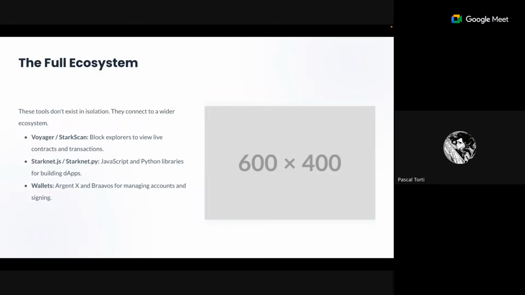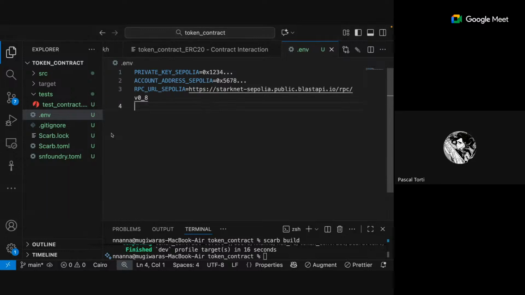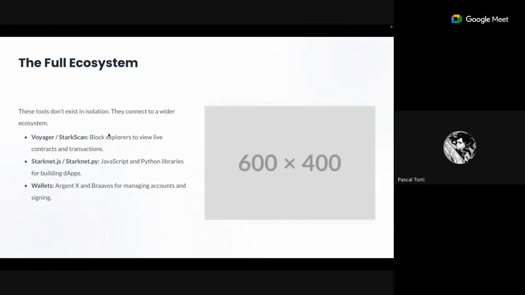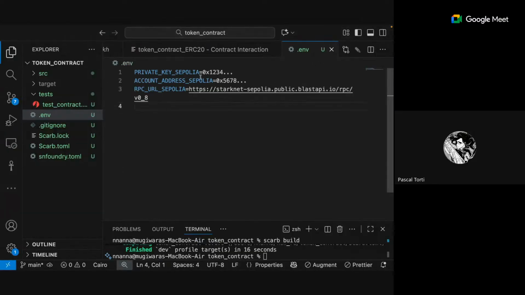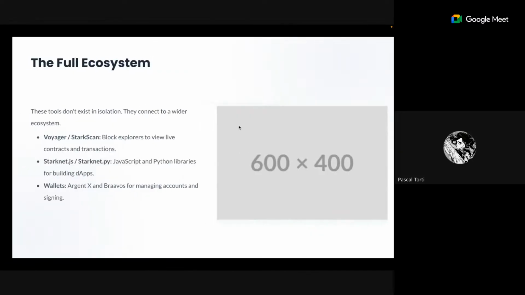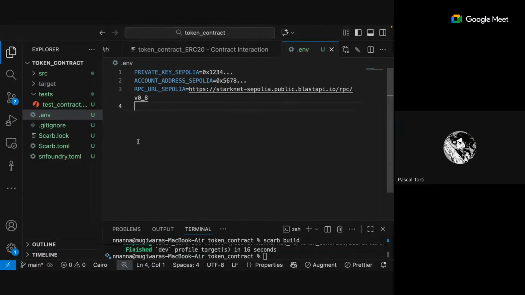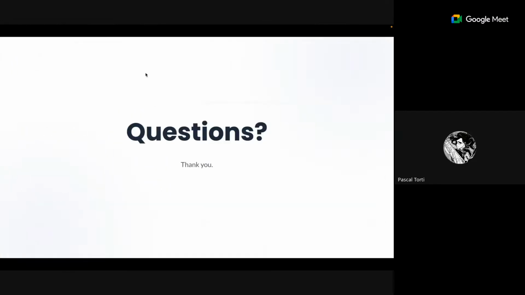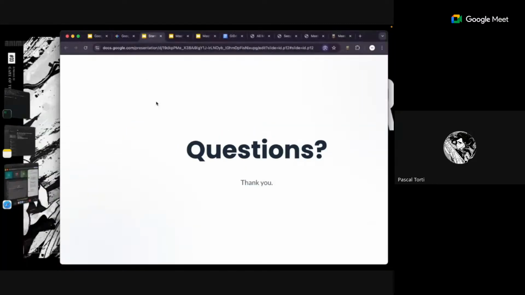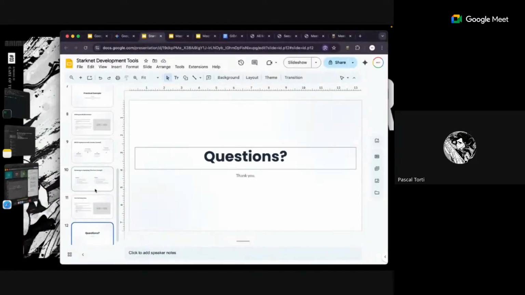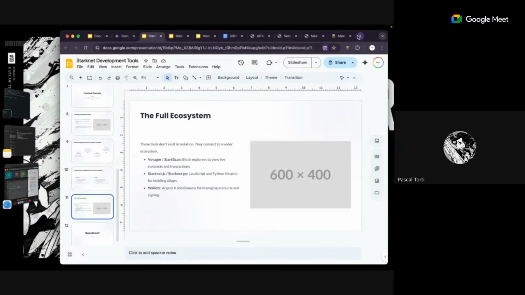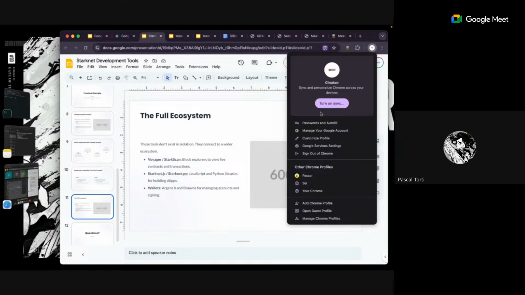So now when you're using Ankr to deploy your contracts, it's far easier than the command line. Once you're using it, you have to get your Sepolia address and the private key.